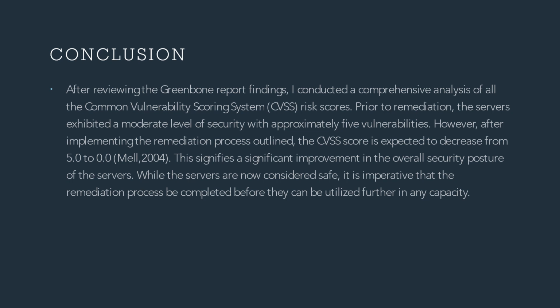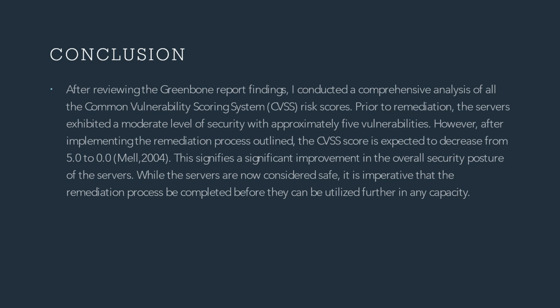After reviewing the Greenbone report findings, I conducted a comprehensive analysis of the common vulnerability scoring system risk scores, or CVSS. Prior to remediation, the servers exhibited a moderate level of security with approximately 5 vulnerabilities.